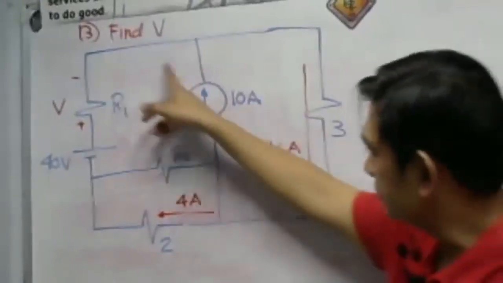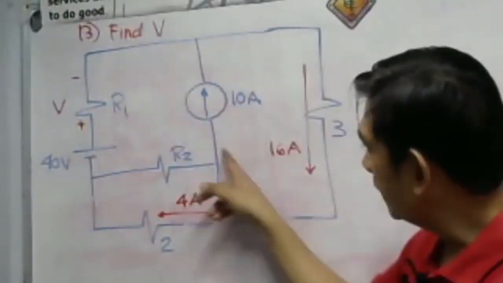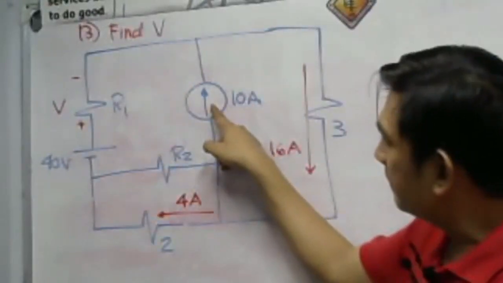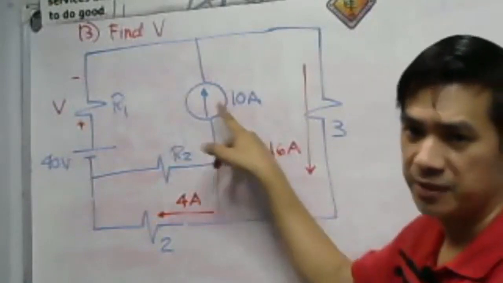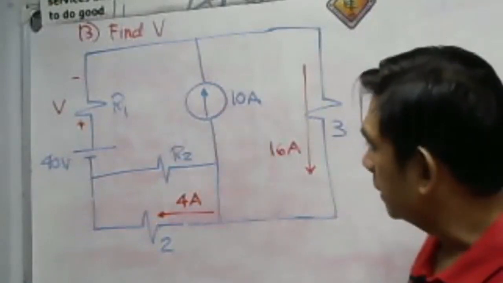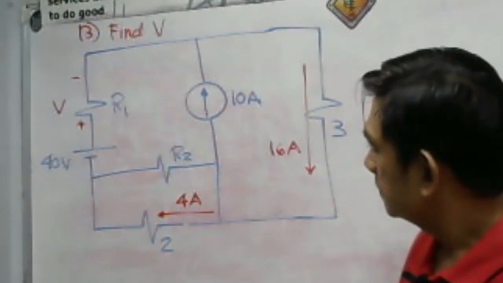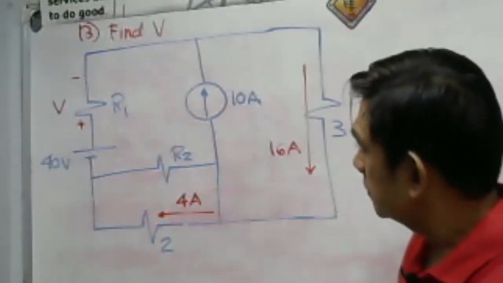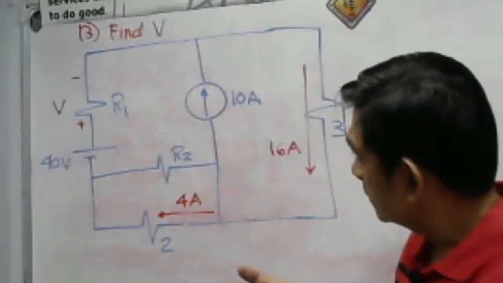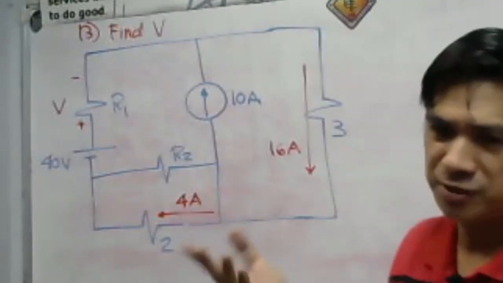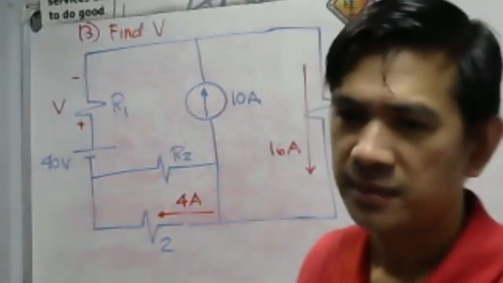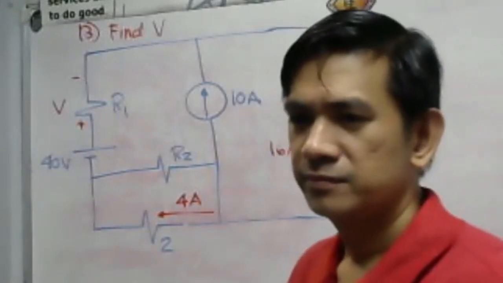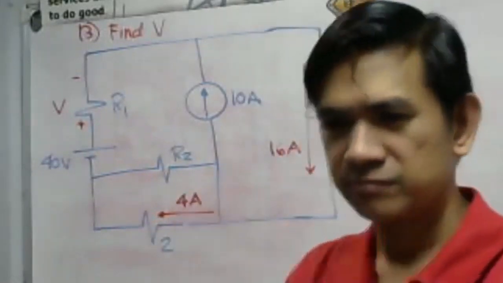We have a 3-loop circuit, but for this case, we have an independent current source of 10 ampere. One may think you will make use of the mesh analysis or the Maxwell's mesh method, but it's not.